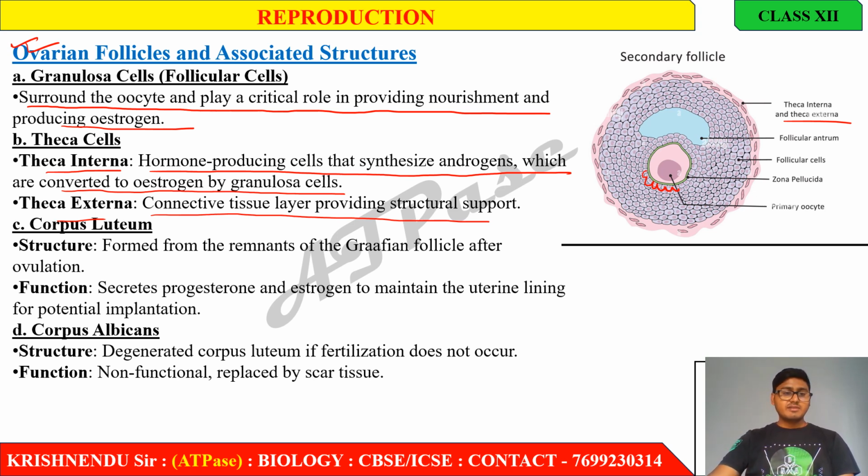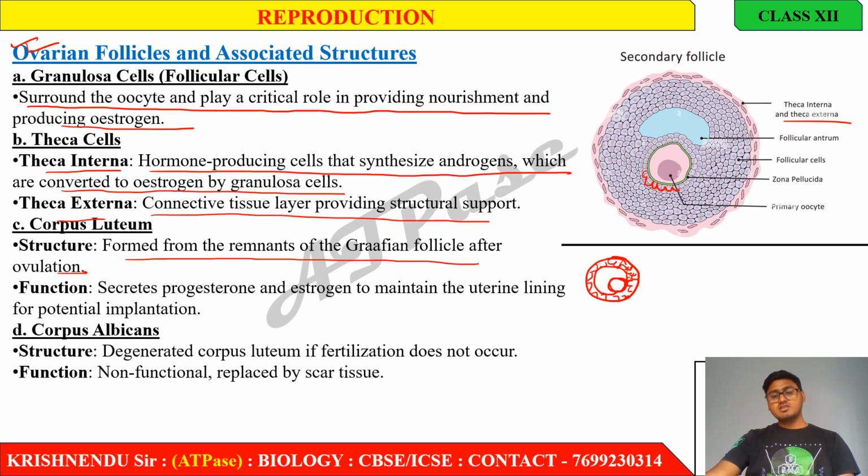Next, the corpus luteum, the structure formed from the remnant of the Graafian follicle after ovulation. Suppose this is an egg, and this is the oocyte, and this is the antrum fluid. Different granulosa cells are present.